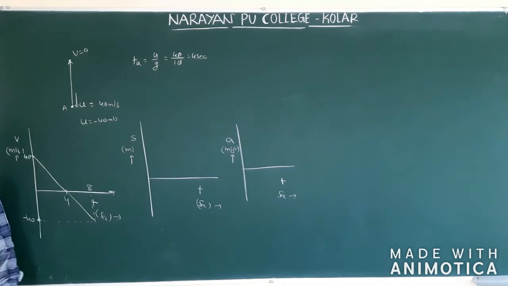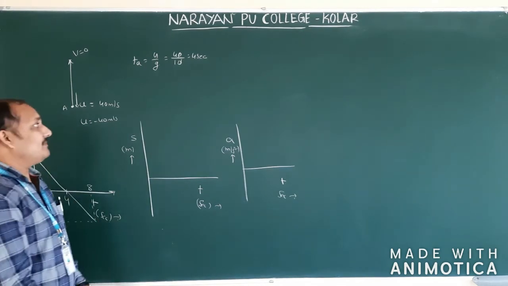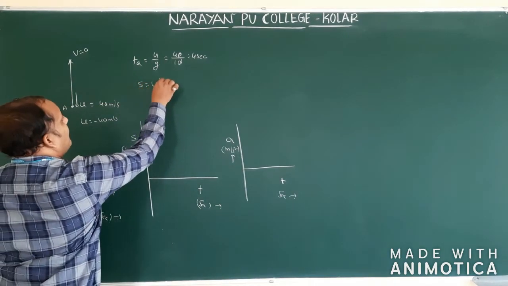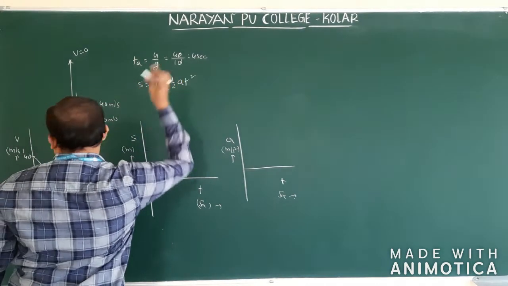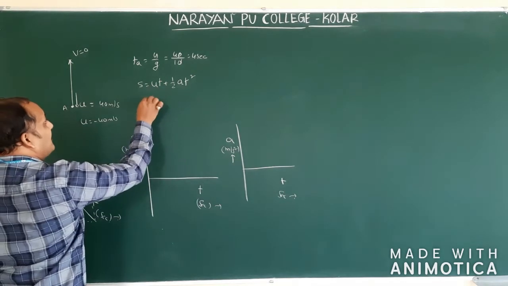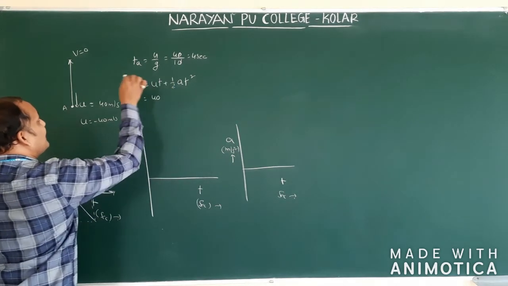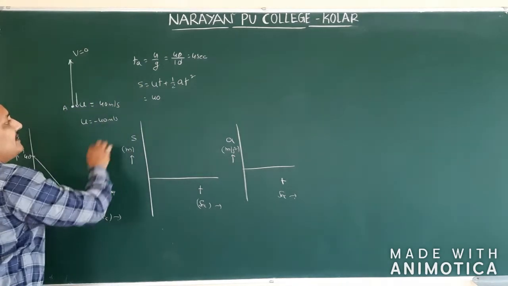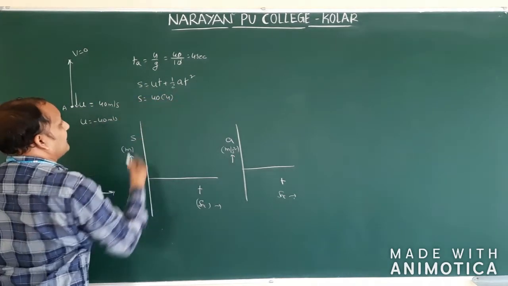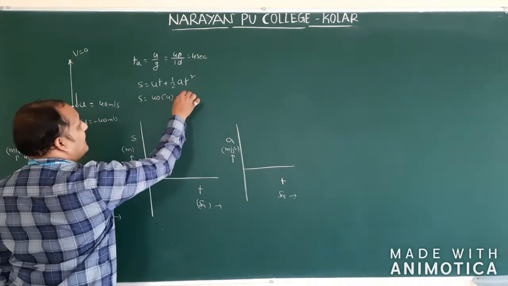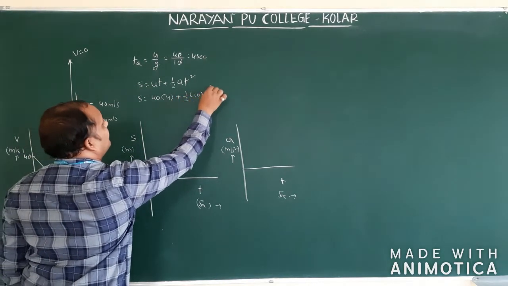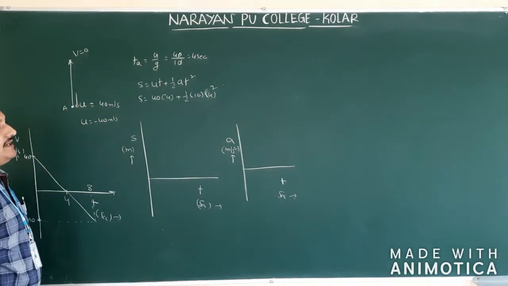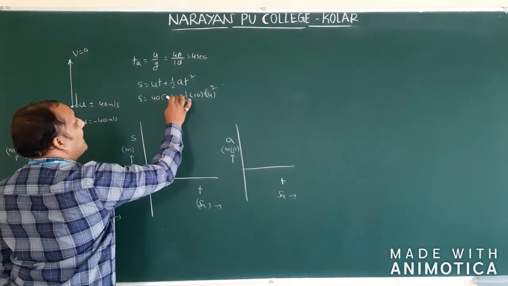Next, what we have to draw? Displacement. Displacement means how much height it is going. S is equal to ut plus half at square. What is u? 40. How much time does it take to reach maximum height? 4 seconds. Plus half of 10 t square, that is 4 square. Here a is nothing but minus g, right?